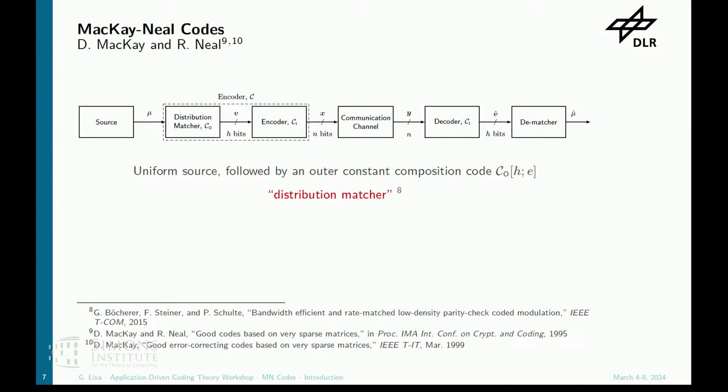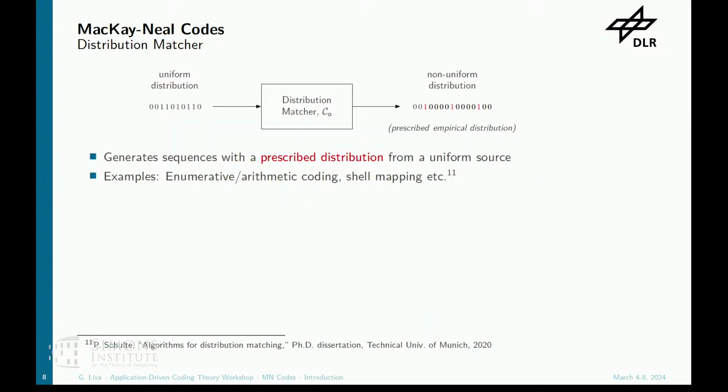This is something that is not very common in existing wireless communication systems. The distribution matcher, as I said before, is a block that transforms a uniform distribution vector into something that has a biased distribution of zeros and ones.